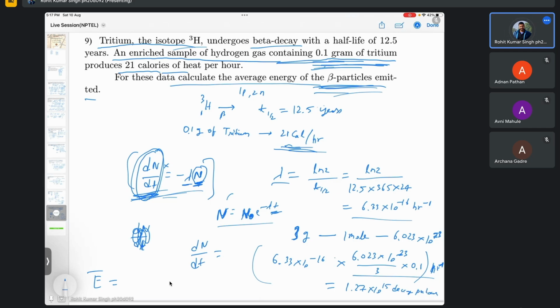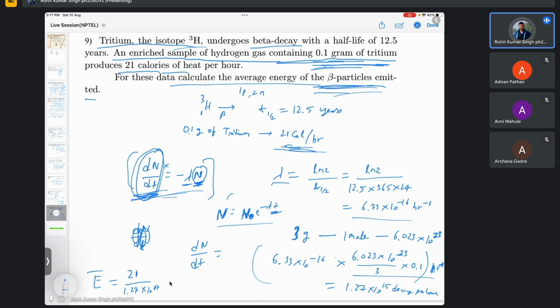And the average energy will be, per hour what we are getting from this sample, 21 calories, right? So this divided by the number of decays per hour, which is 1.27 into 10 to the power 70.